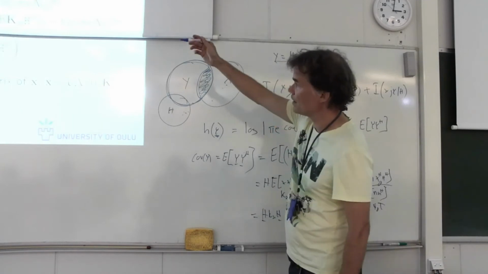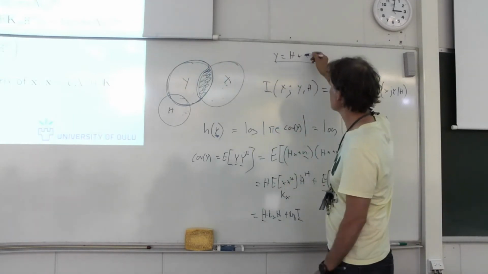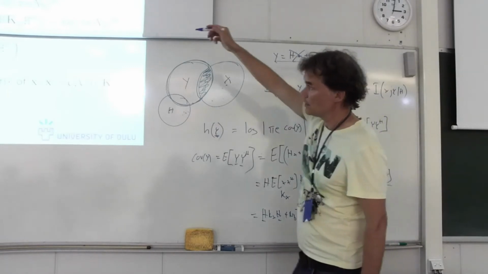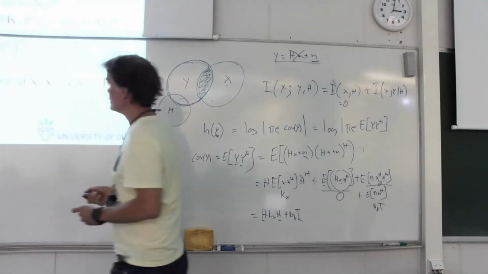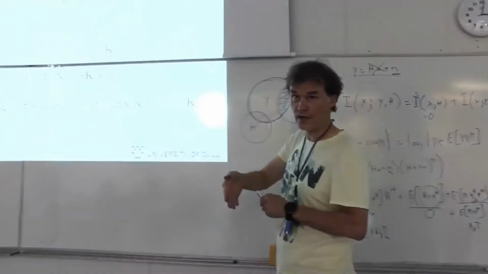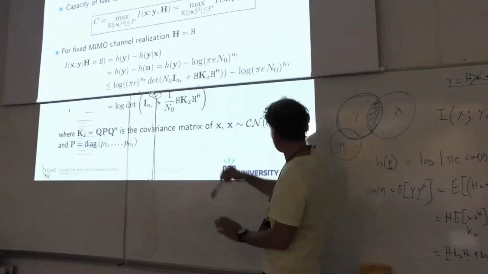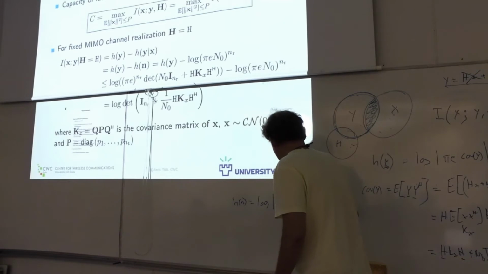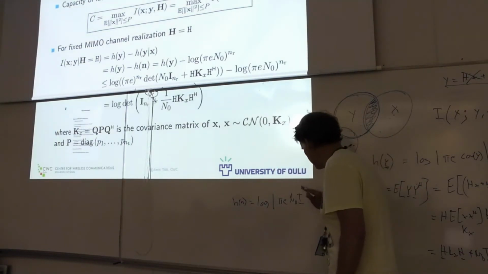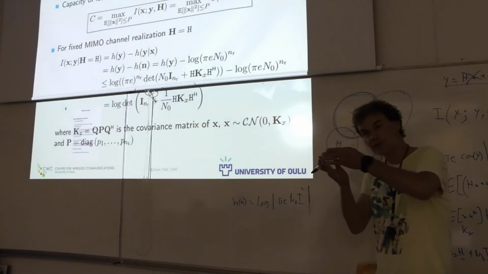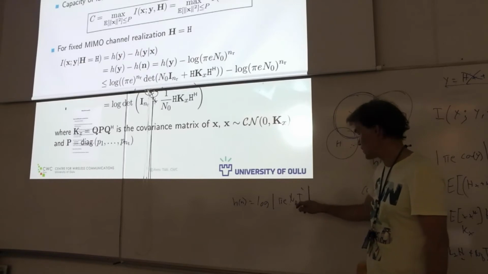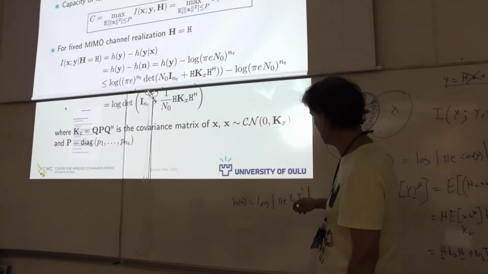So what about the covariance of y given x? Because x is given, known, this term is cancelled, so it's equivalent to the differential entropy of noise, and the covariance of noise is N0 I. So we have the log determinant of pi e N0 I. Since this is a diagonal matrix, and the determinant of a diagonal matrix is the product of the diagonal terms, where each term is N0, it's N0 to the power nr, times pi e to the power nr.